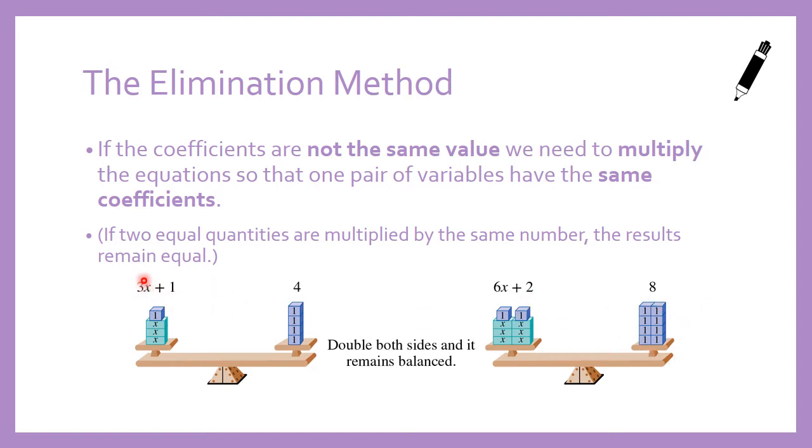In this example, x is 1, so 3 plus 1 is 4, and 6 plus 2 is 8. We've remained balanced because we've doubled both sides of that equal sign. This will become more apparent when we go through a problem where we need to multiply the equation by a number.